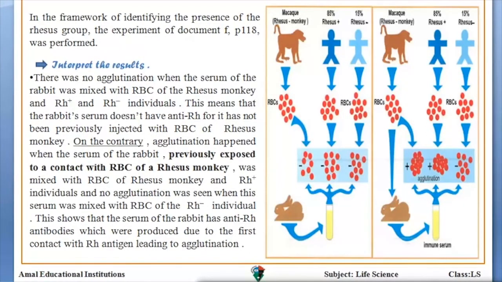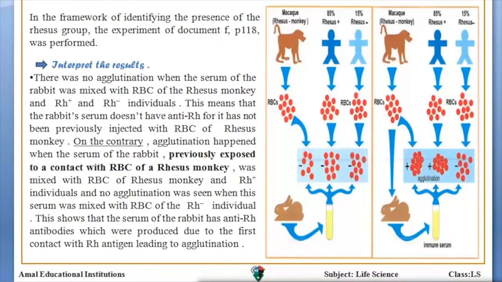So how can we explain such results? That is, why did the red blood cells in this case of the rhesus monkey and the Rh positive individual show agglutination, while here we had no agglutination?